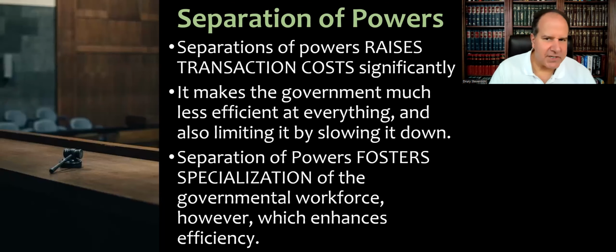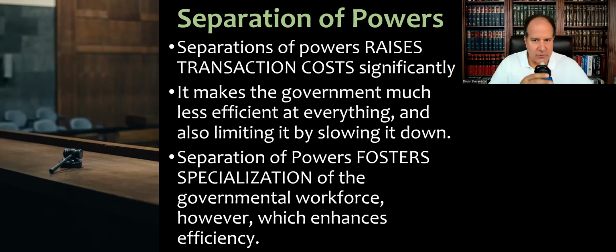As I've mentioned before, separation of powers raises transaction costs significantly. We have different types of checks and balances in our government. We have the separation of powers between the legislative branch, executive branch, and judicial branch. We then have broken the legislative Congress into two houses. And then we also have a fragmenting of power, or checks and balances, between the federal government and the state governments.